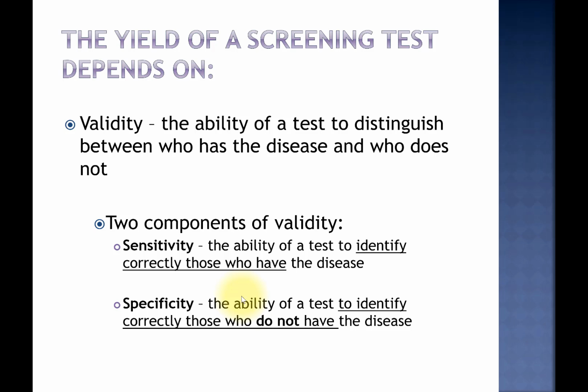Our aim always is to have a valid test, meaning a test that will truly distinguish between who has and who does not have the disease. Sensitivity measures how well a test identifies those who truly have the disease. Specificity is the exact opposite. It tells us how well a test identifies those who do not have the disease.